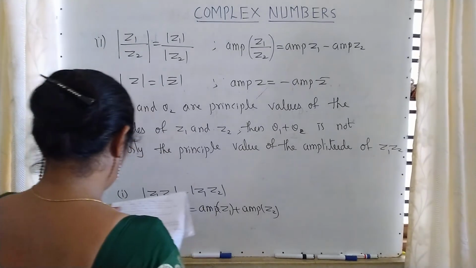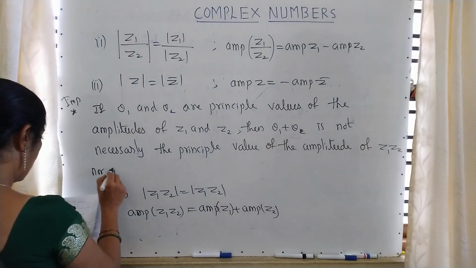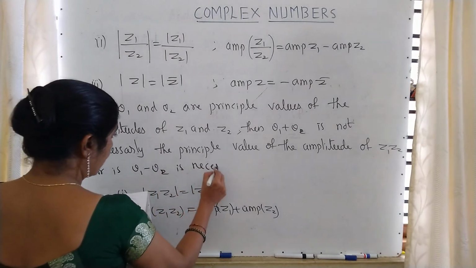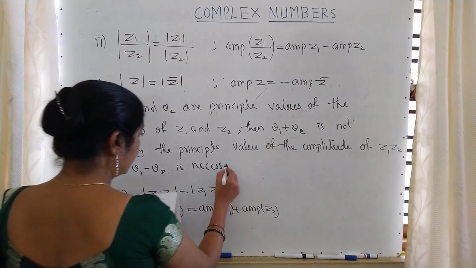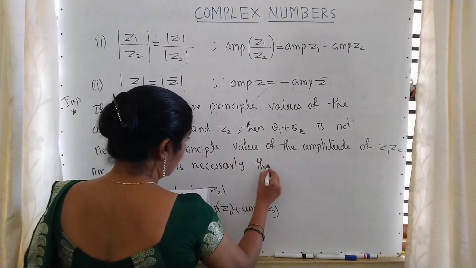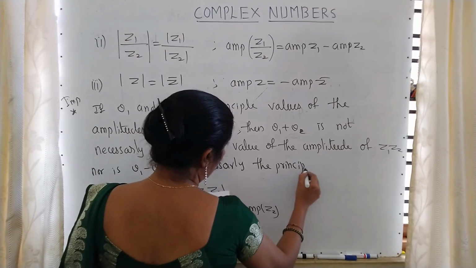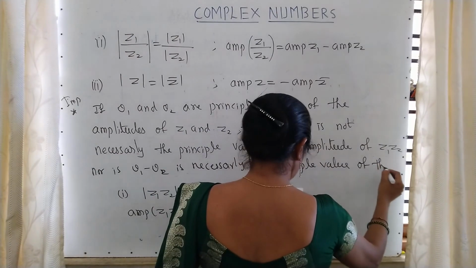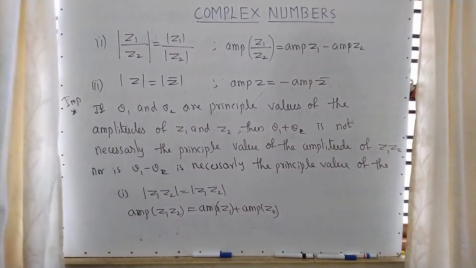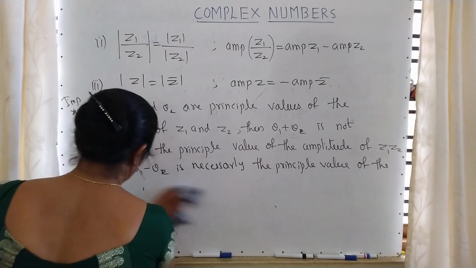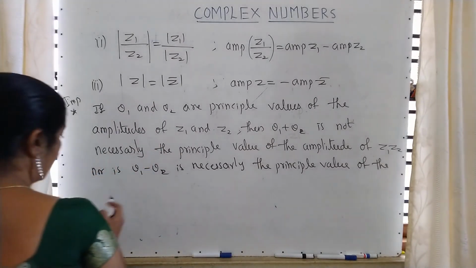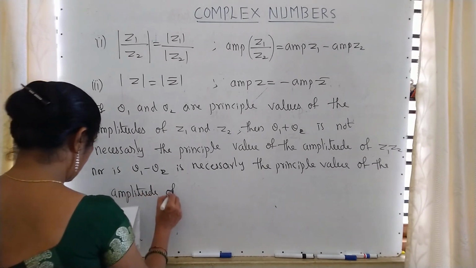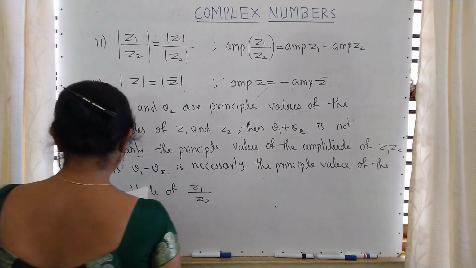Remember this. Nor is theta 1 minus theta 2 necessarily the principal value of the amplitude of z1 upon z2.